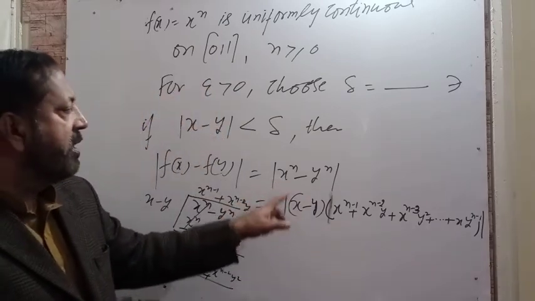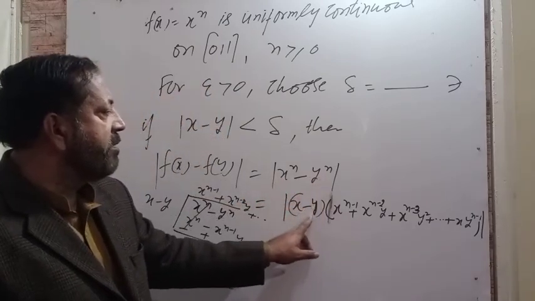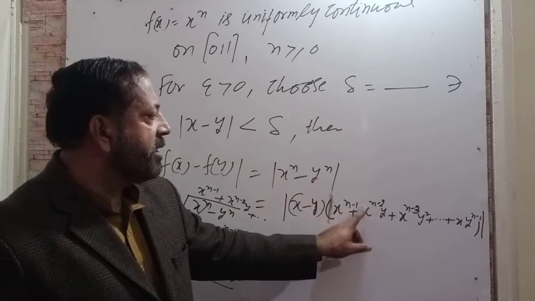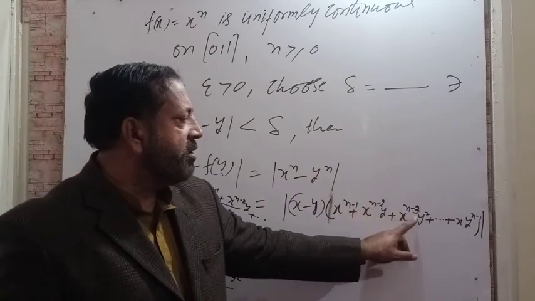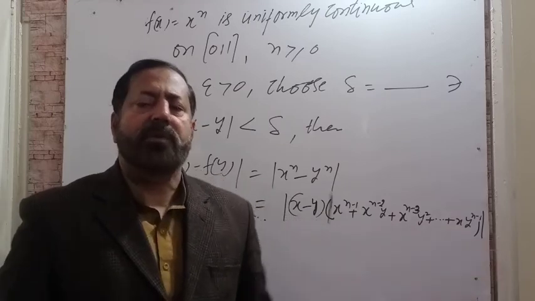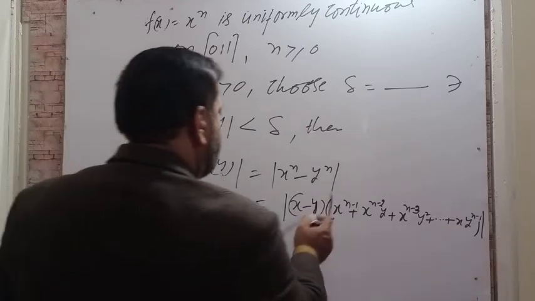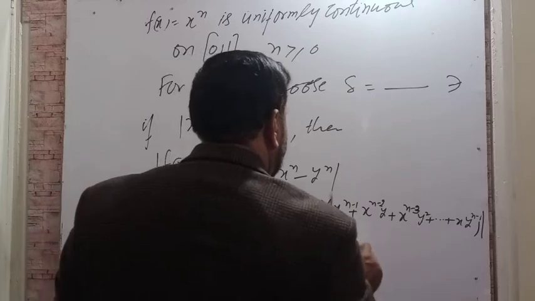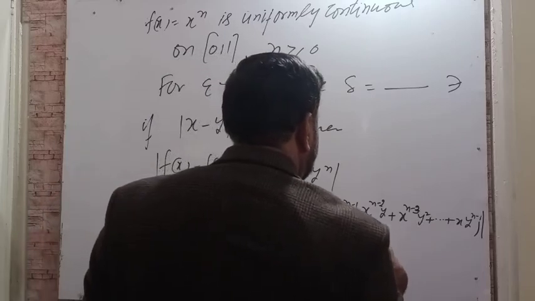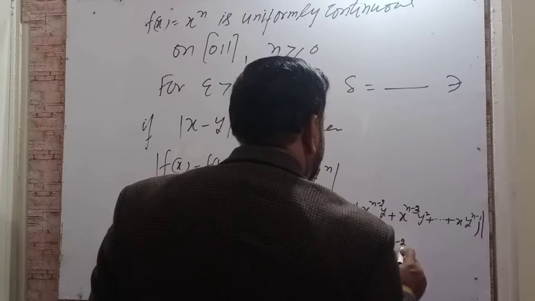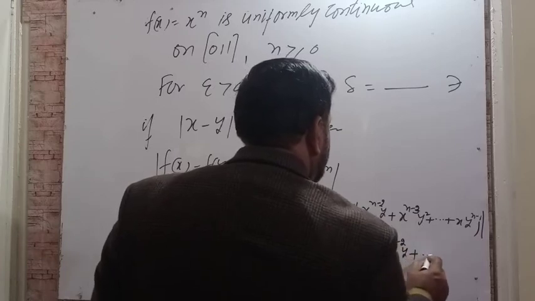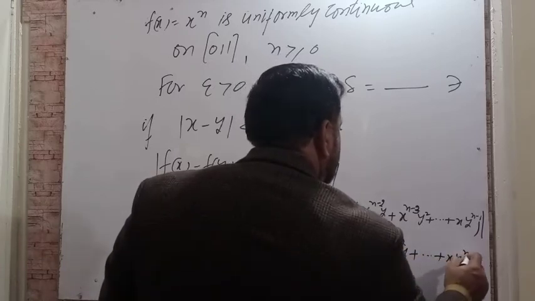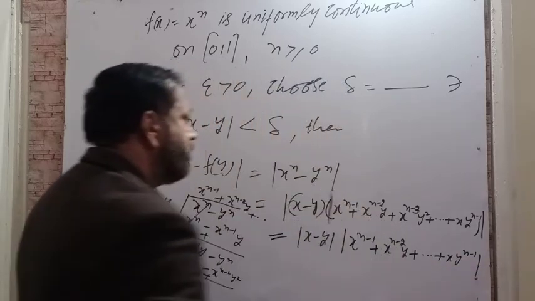You can prove this: x^n minus y^n is equal to (x minus y) times (x^(n-1) plus x^(n-2) y plus x^(n-3) y squared, and so on, up to y^(n-1)). And further, the modulus is equal to |x minus y| times |x^(n-1) plus x^(n-2) y plus so on plus y^(n-1)|.